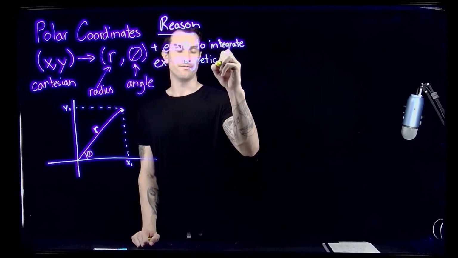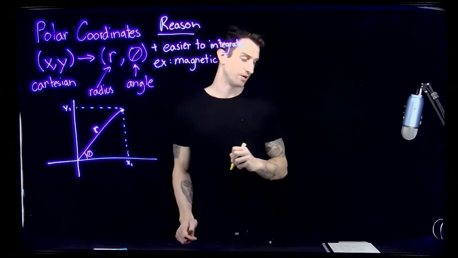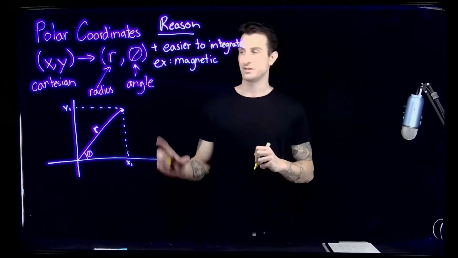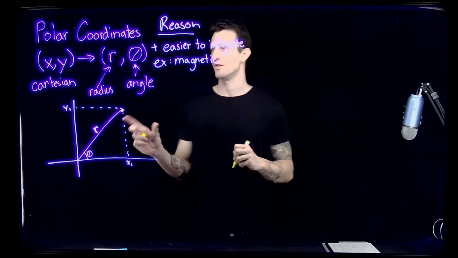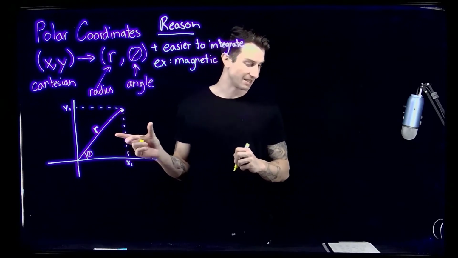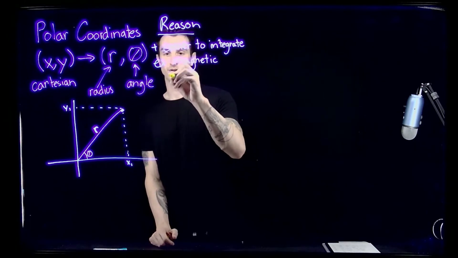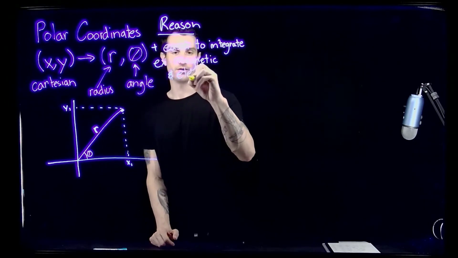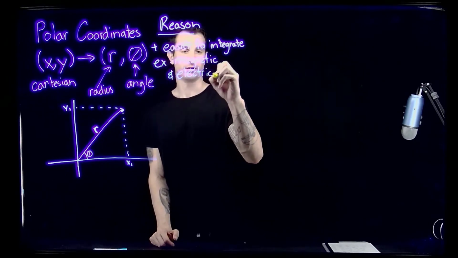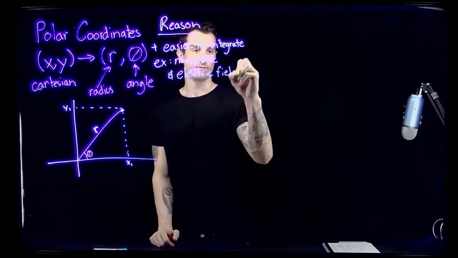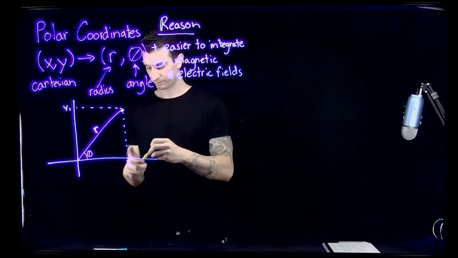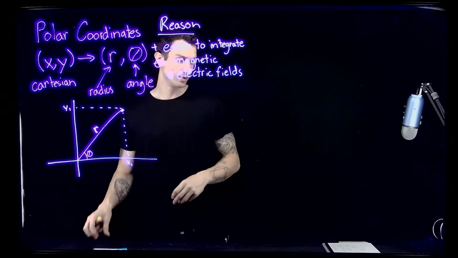We'll get into polar equations as well, but sometimes they move in a circular path, so switching over to polar coordinates is going to make the integration easier. What else do we have? Also magnetic and electric fields. So for all the engineering people out there, we do have a reason for doing so.